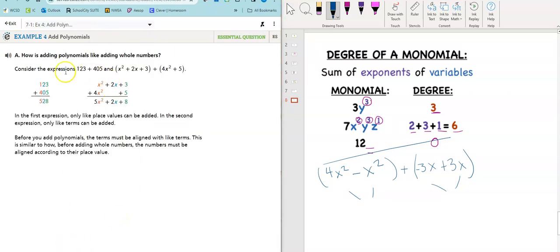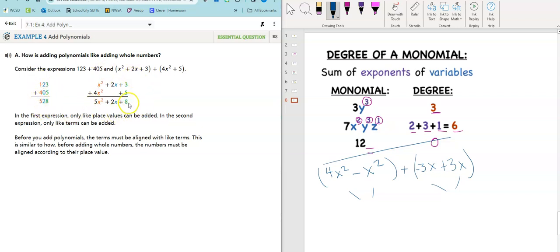So the question here is, how is adding polynomials similar to adding whole numbers? Well, when I have a polynomial with lots of different terms and I'm adding a multi-term expression to another multi-term expression, it's very similar to adding something that has lots of place values. We want to line up those place values, kind of like terms, from ones to tens to hundreds.